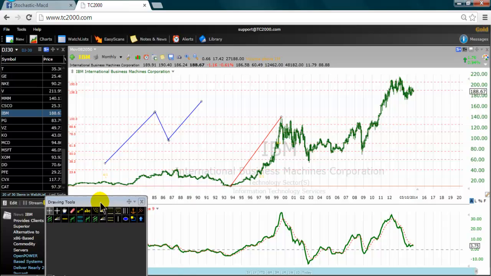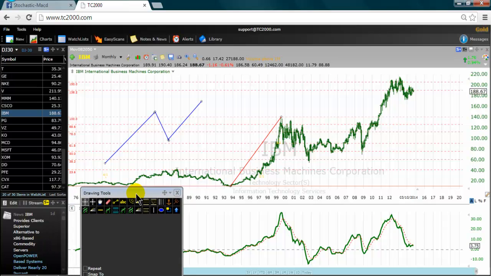All right. So there are different levels for Fibonacci extension. We have the 138% Fibonacci extension zone. We have the 150% Fibonacci extension zone. We have the 161.8% Fibonacci extension zone.